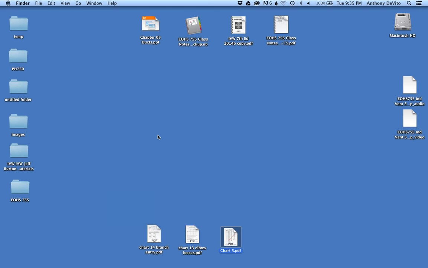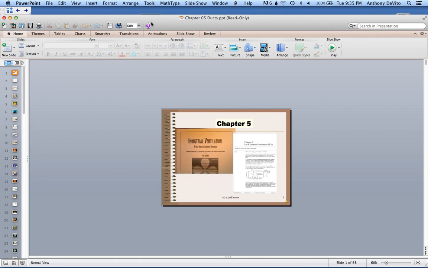Now the other thing I wanted to mention is that for those of you that haven't had a chance yet, the material came with your industrial ventilation workbook, and tonight we covered chapter 5 in that book, which we'll be using in the last third of the semester or so.